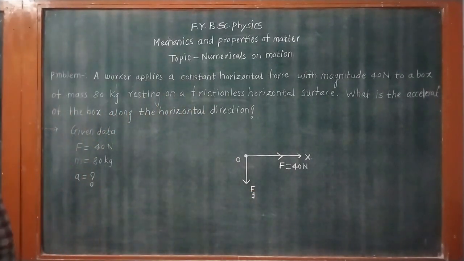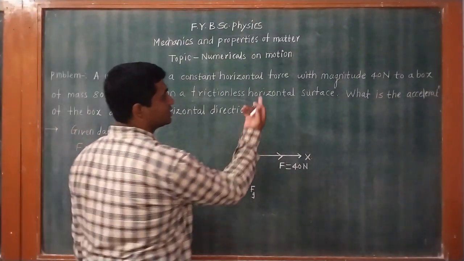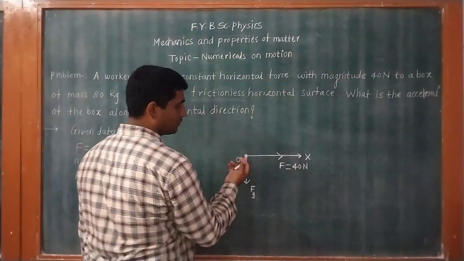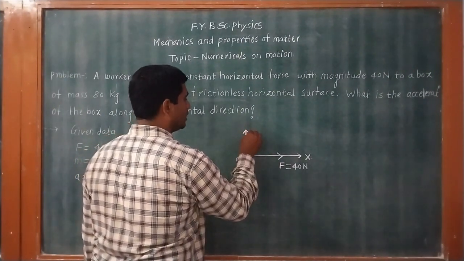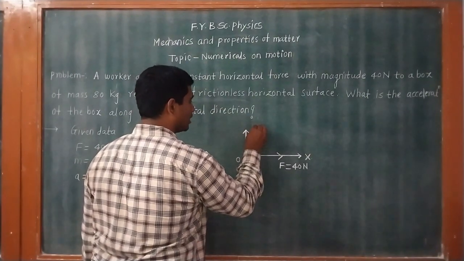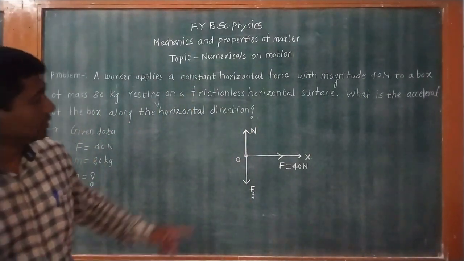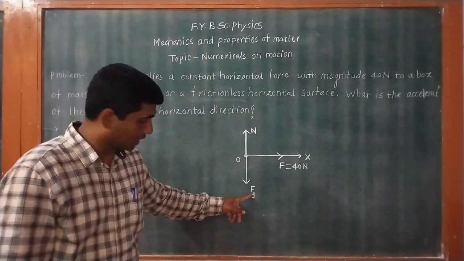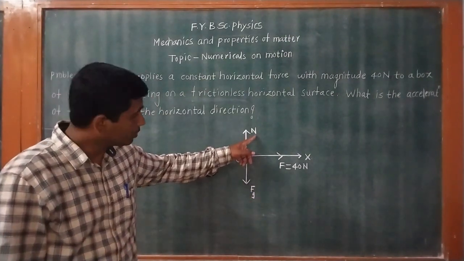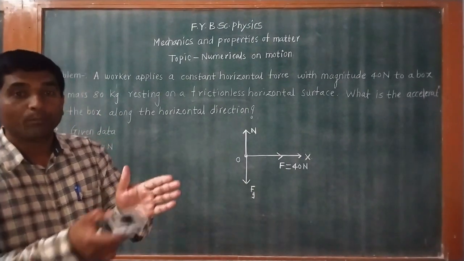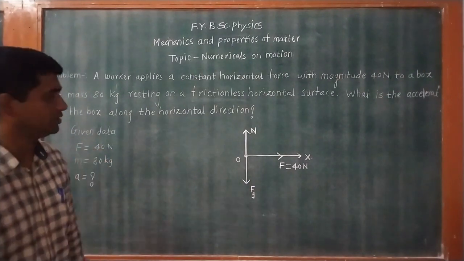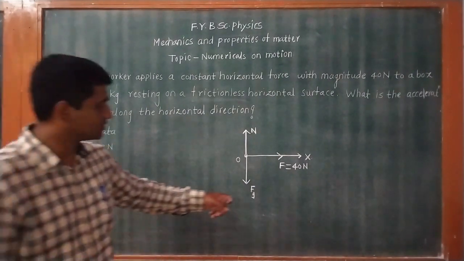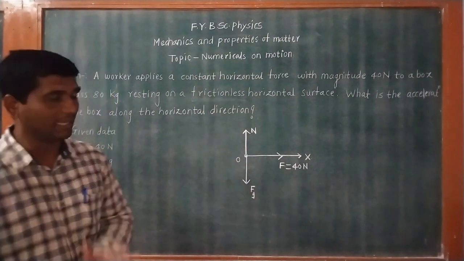So there will be a downward force due to gravity, and a normal reaction exerted by the horizontal surface on the box, in the vertically upward direction. The force due to gravity and the normal reaction are exactly equal and in opposite directions, so they cancel each other.